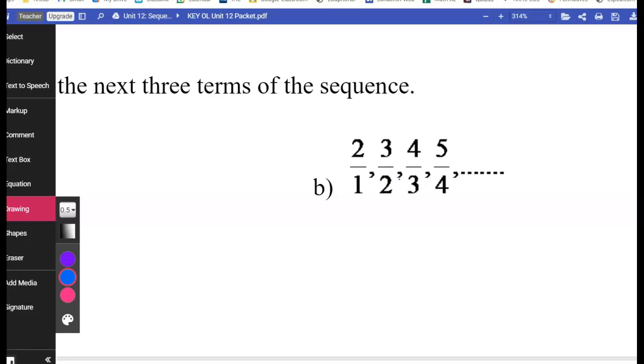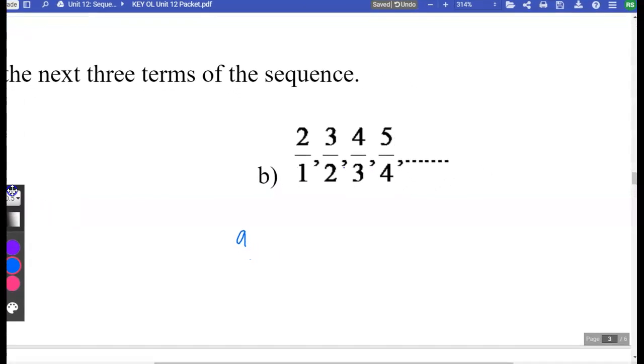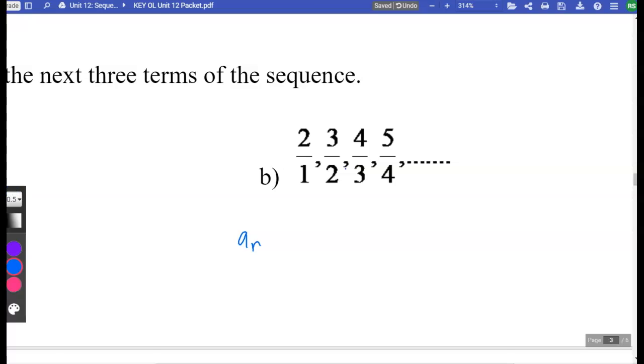Okay, we're good. So let's look at the denominator. Let's first define or try to define the denominator. What do you recognize about the denominator? This is my first term. This is my second term. This is my third term. This is my fourth term. What do you notice about the term position and the number in the denominator? What do you notice? They're the same, yes. So, how could we define our denominator?